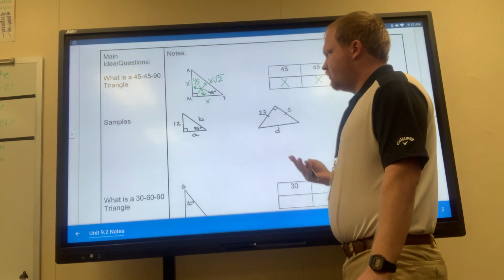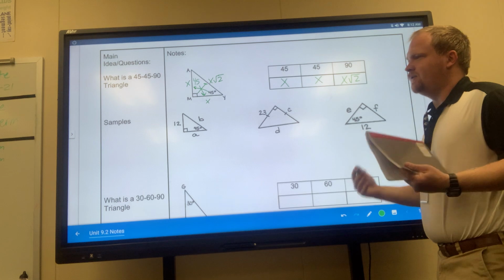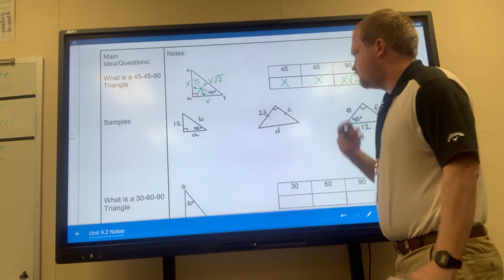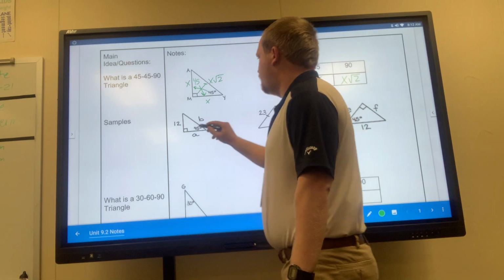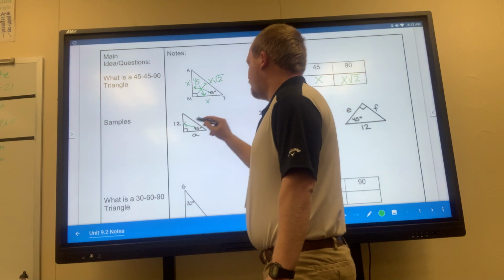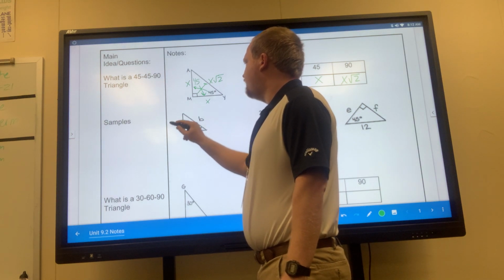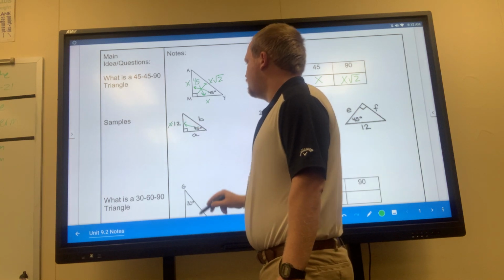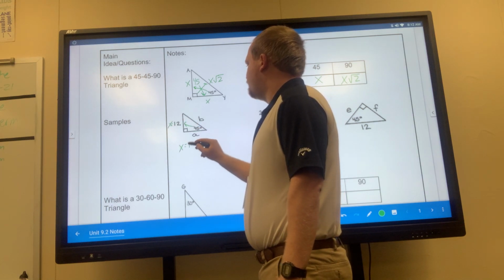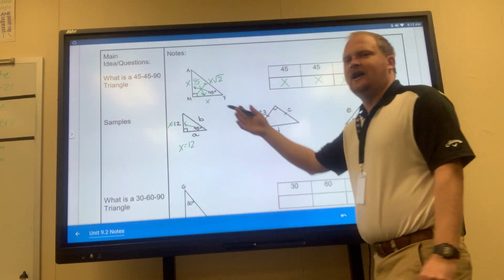Now, just by looking at it, if I go opposite the 45-degree angle, I know this has to be equal to x. So I know x is 12. So how can I find a and b?